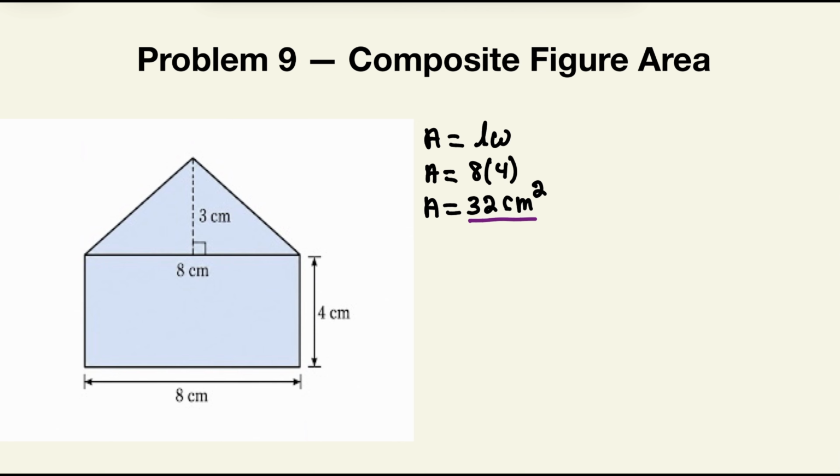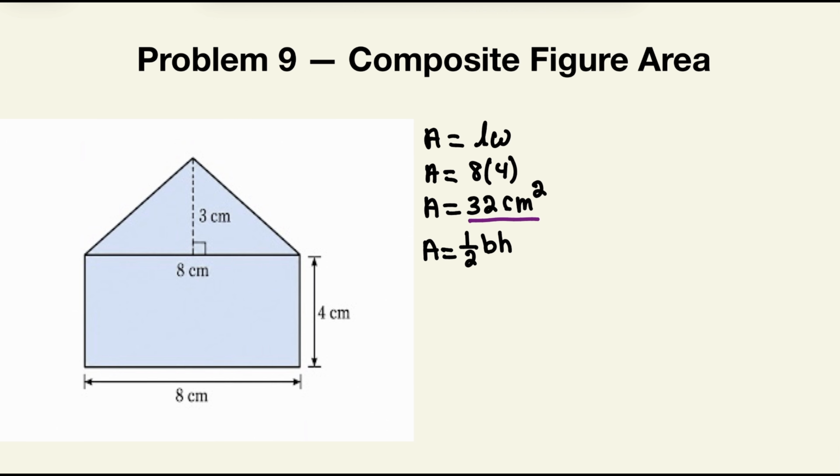Okay, so now let's take a look at the triangle. So we see here, we have this triangle, and we need to find the area of that triangle. So the area is 1/2 times the base times the height.